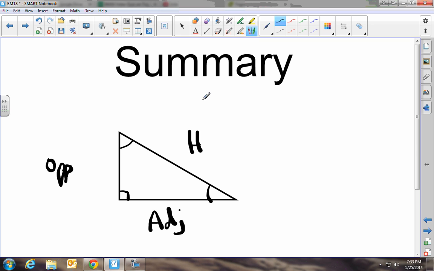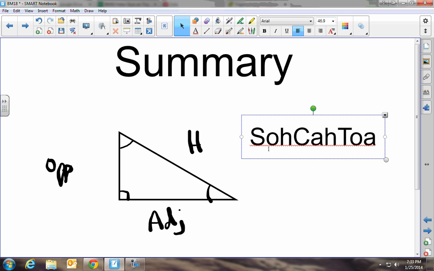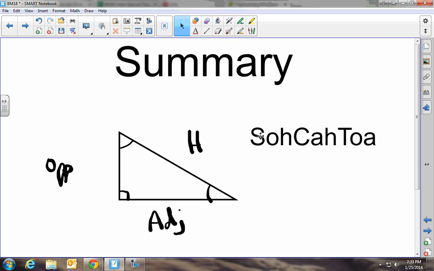We also learned that to remember these ratios, we use SOHCAHTOA. The sine is the opposite over hypotenuse, cosine is adjacent over hypotenuse, and TOA, tangent, is opposite over adjacent.